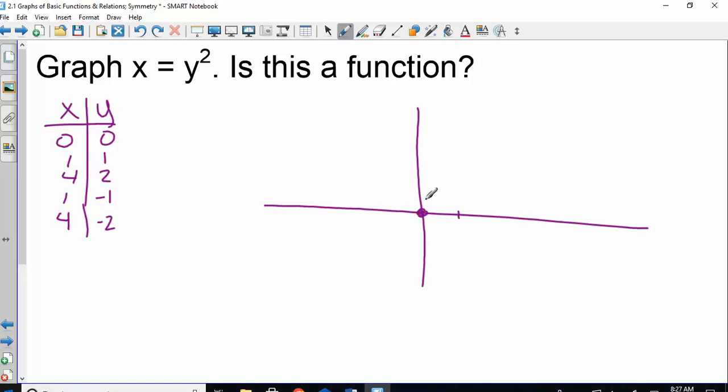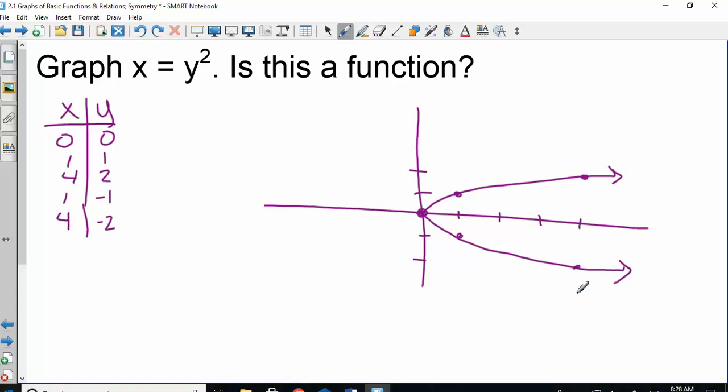If we plot 0,0; 1,1; 4,2; 1,negative 1; 4,negative 2. What am I getting? A sideways parabola. Yeah. We know a parabola is y equals x squared. So when I did x equals y squared, I flipped the x and y. It flipped my parabola on its side.